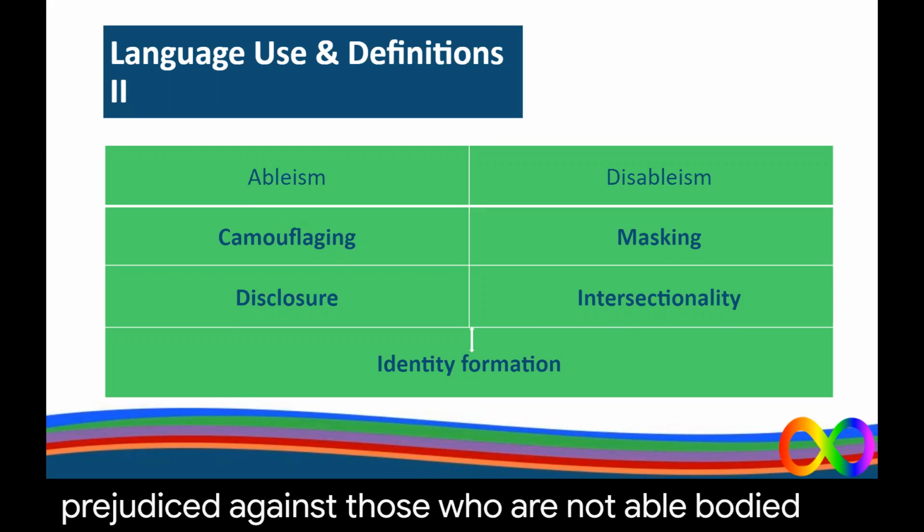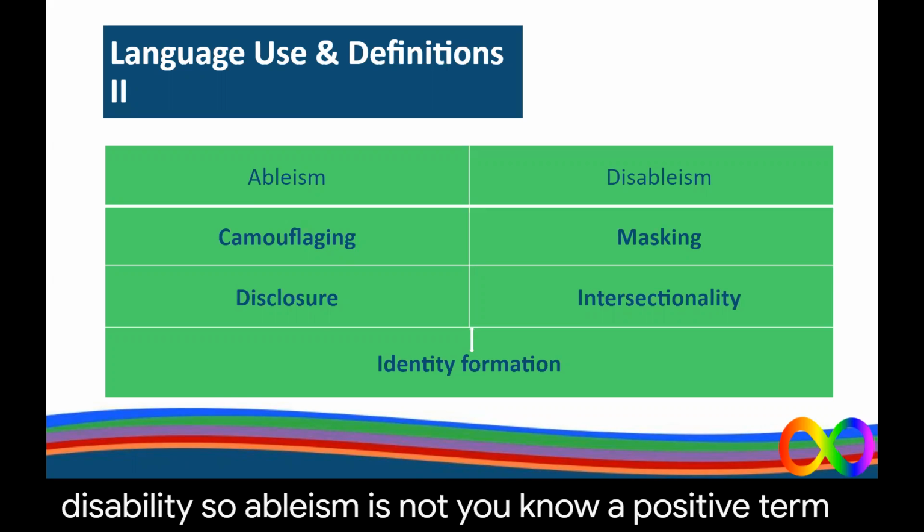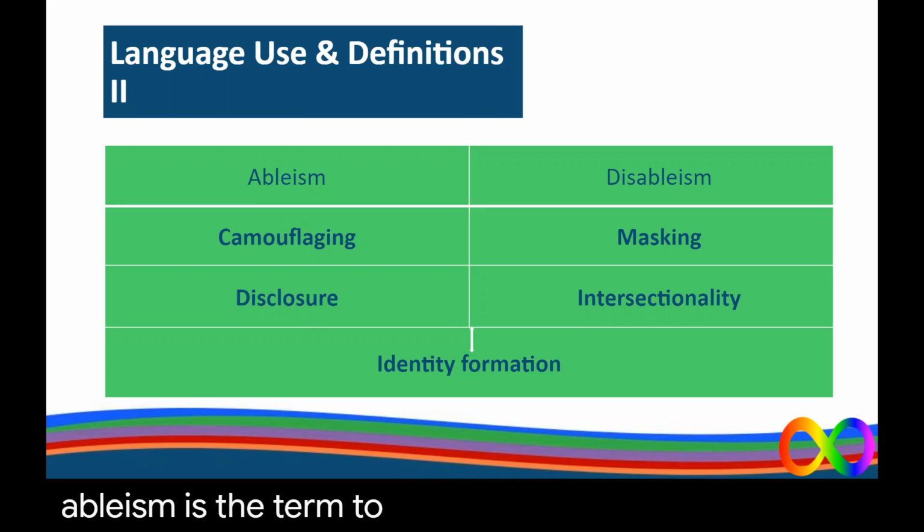In other words, discrimination or social oppression against people with disability. So ableism is not a positive term. Ableism is the term to call out when people with disabilities are being oppressed.